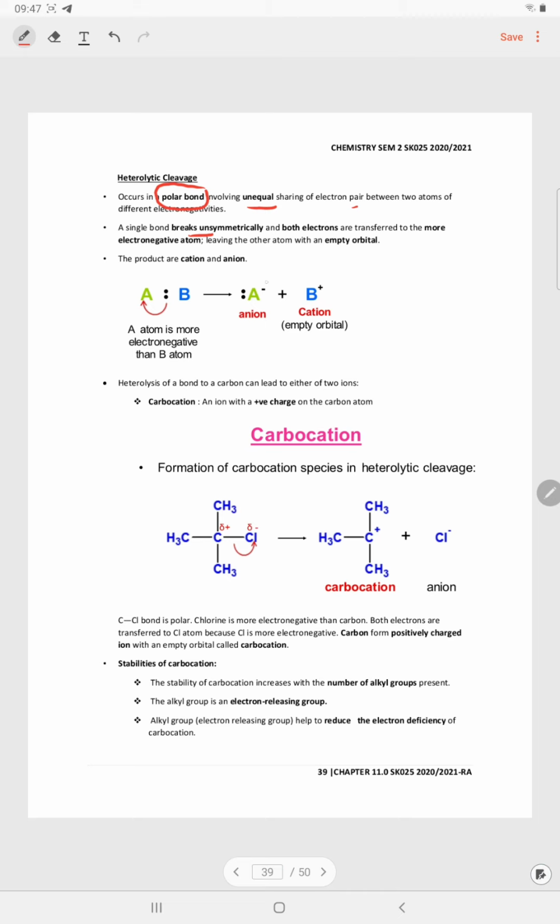Basically it will form charges, one negatively charged and the other positively charged. So this heterolytic cleavage must involve atoms of different electronegativity.